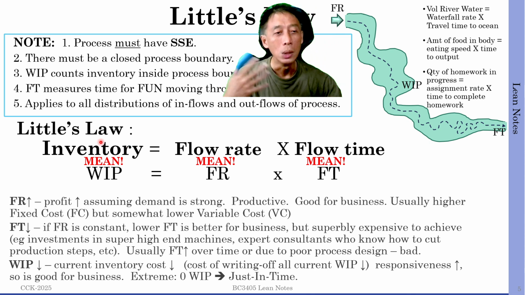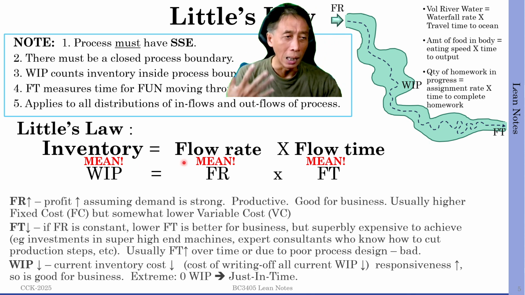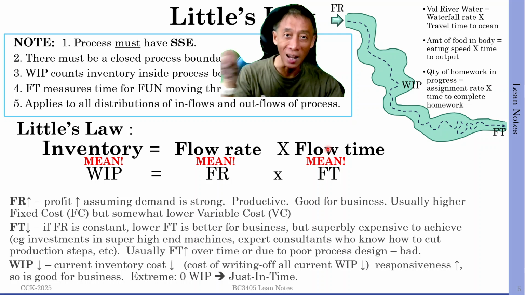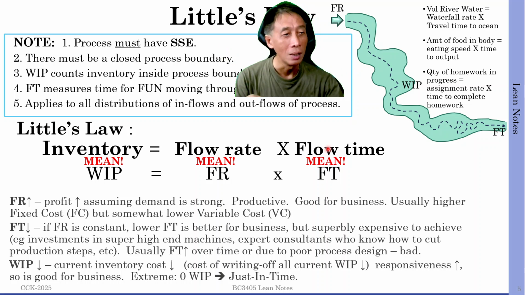So it's not so accurate and not so reliable. But what you can do is measure the flow rate, either in or out, or average them. The flow time is easily measurable: you just tag the chassis and wait for it to come out. Multiply them together, and you have a reasonably good estimate of the inventory in the factory.